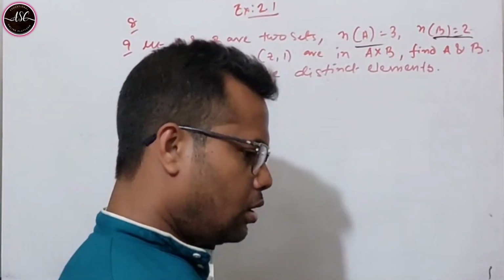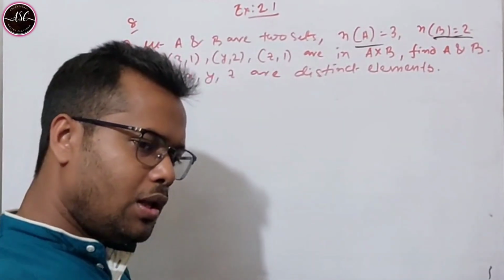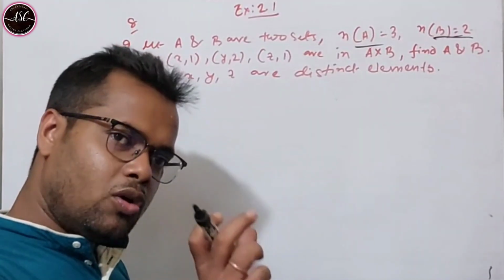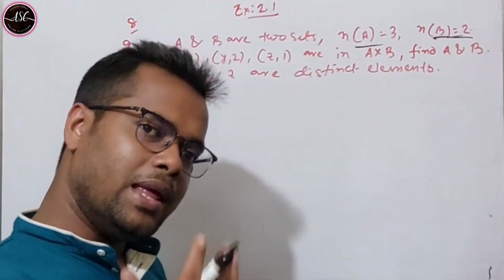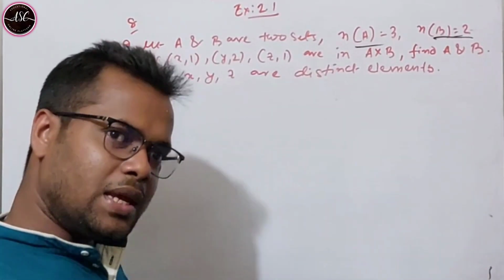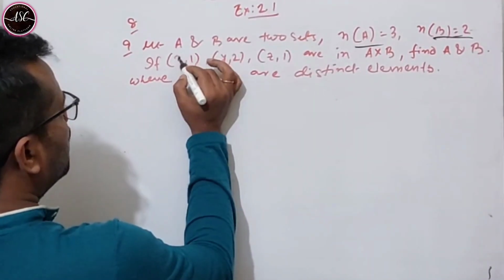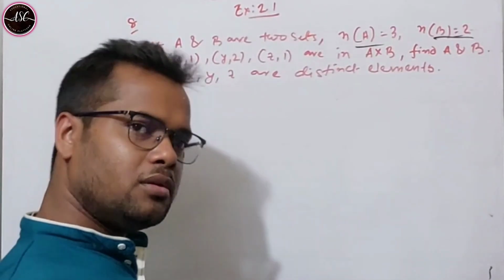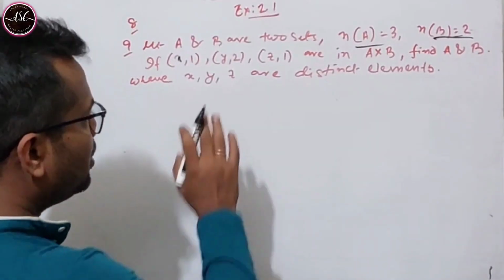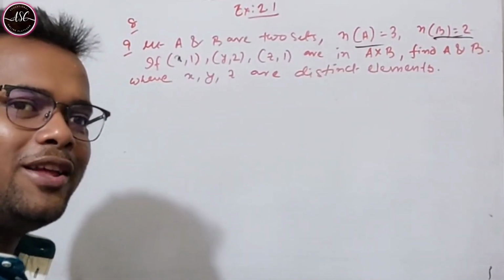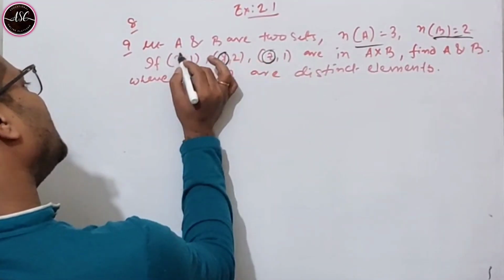By the definition of Cartesian product, we have seen there is a relation between the ordered pair: the first element is from set A, and the second element is from set B. So here look, (x,1): x is an element of A. (y,2): y is also an element of A, and z is also an element of A, because they are in the first position.